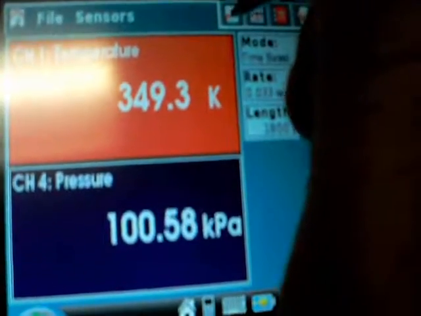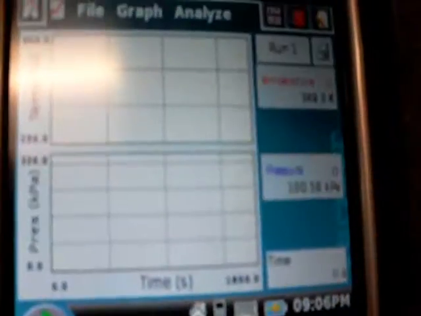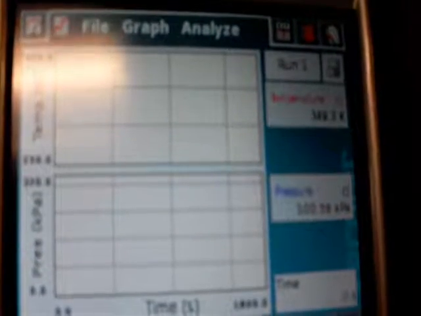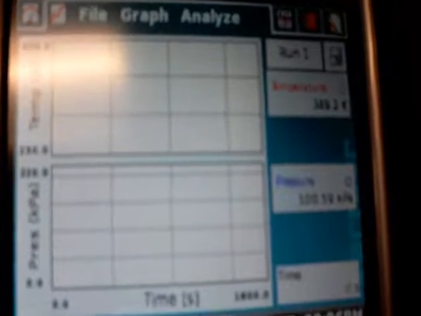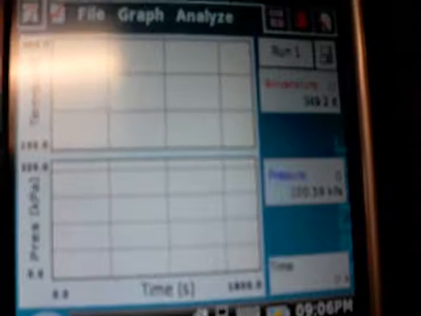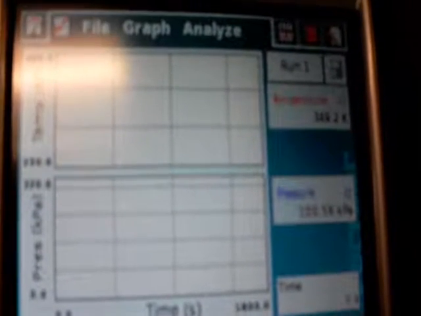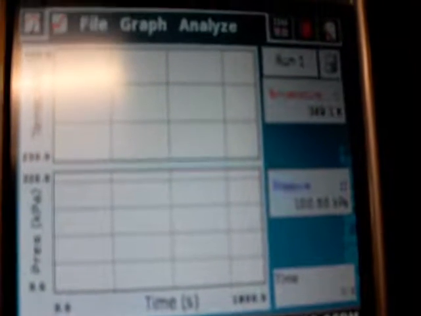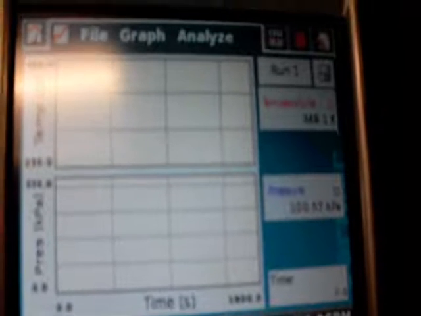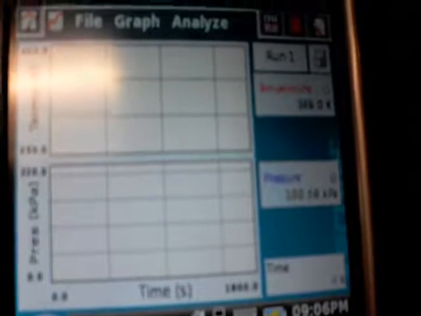The next thing we want to do is display the graph that we're interested in. Since we're going to determine the universal gas constant, we'd love to see a pressure versus temperature graph. Right now you can see it's automatically gone to the default of pressure versus time and temperature versus time.